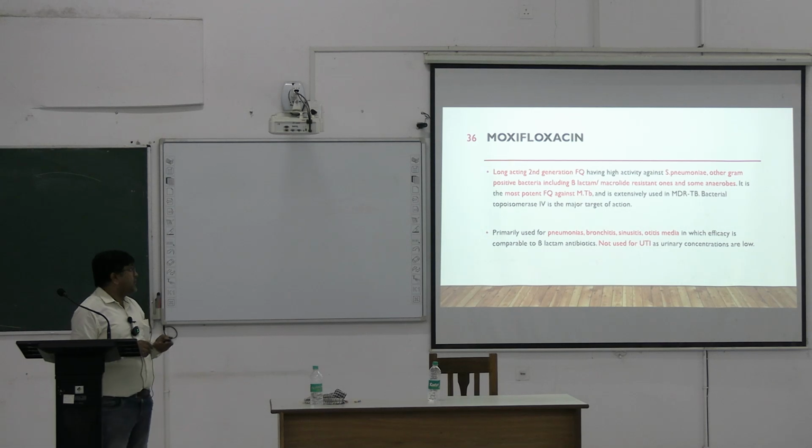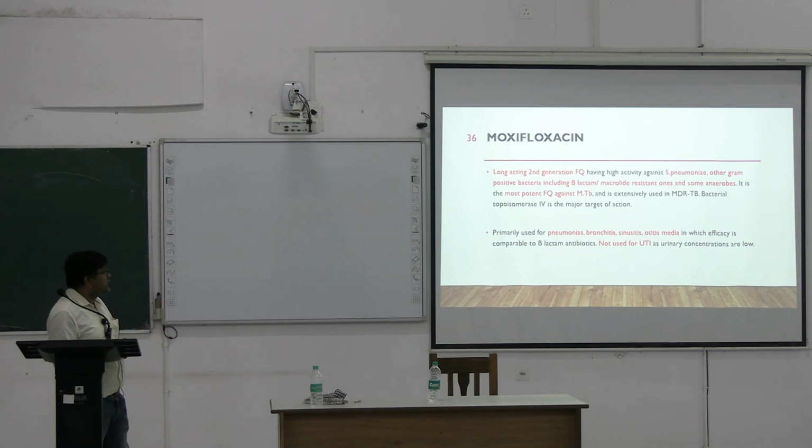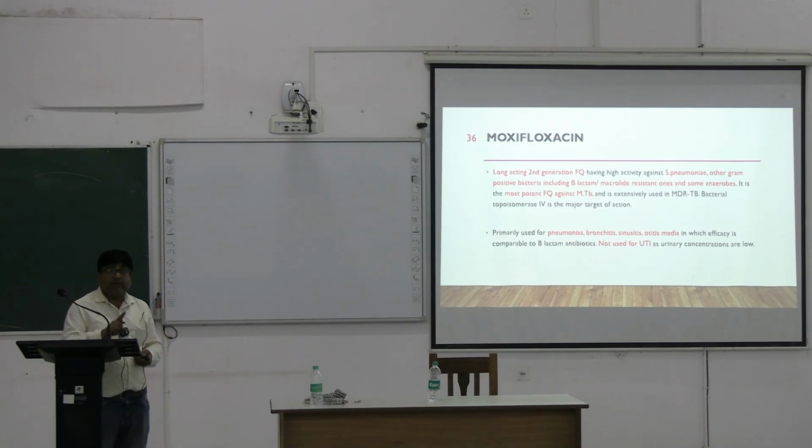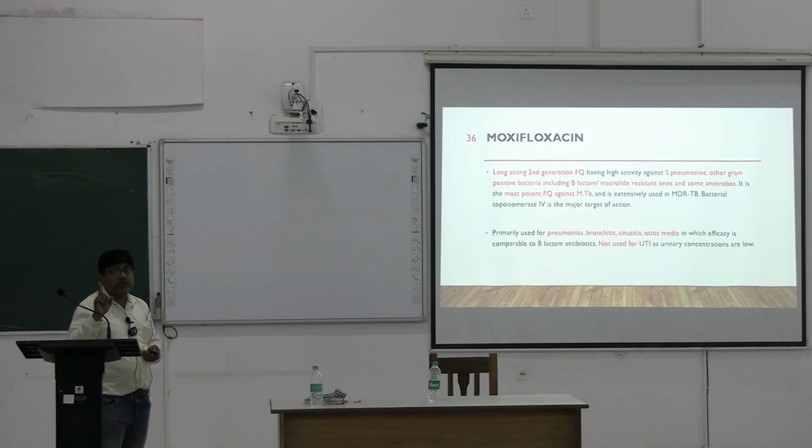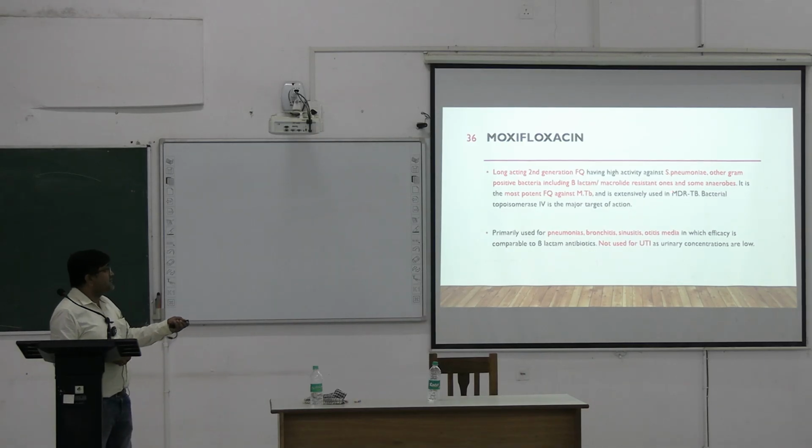Moxifloxacin is a long-acting second generation fluoroquinolone active against Streptococcus pneumoniae, against gram-positive bacteria including beta-lactam and macrolide resistant pneumonia, and some anaerobes. It is the most potent fluoroquinolone active against Mycobacterium tuberculosis and is extensively used in MDR-TB.